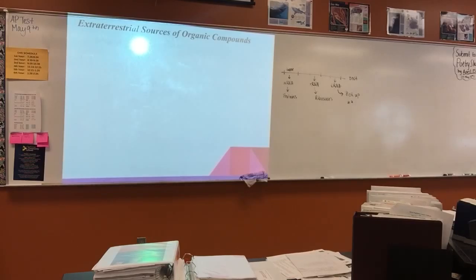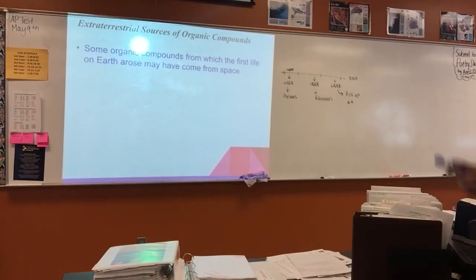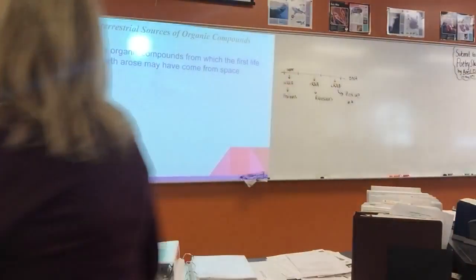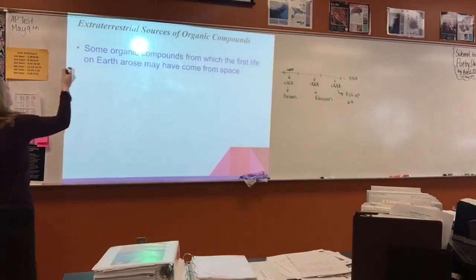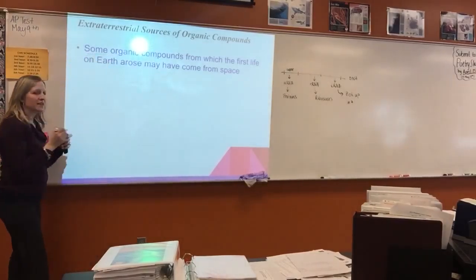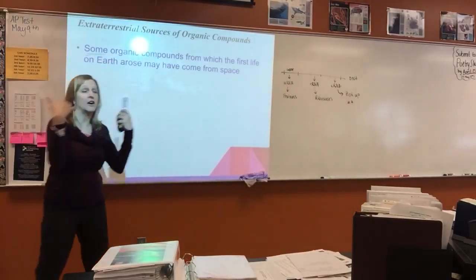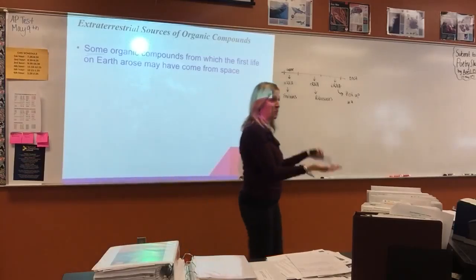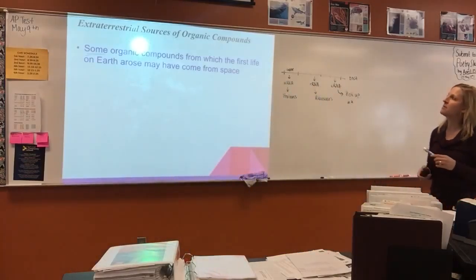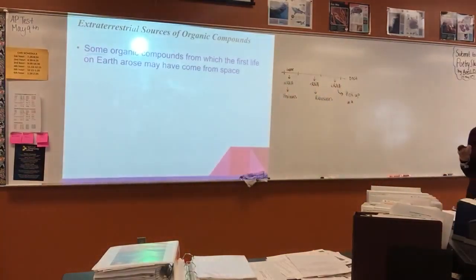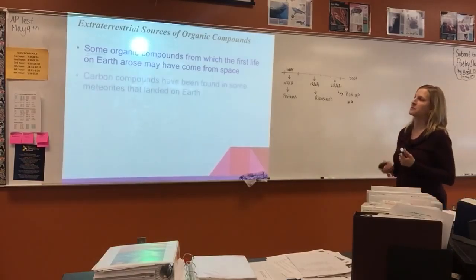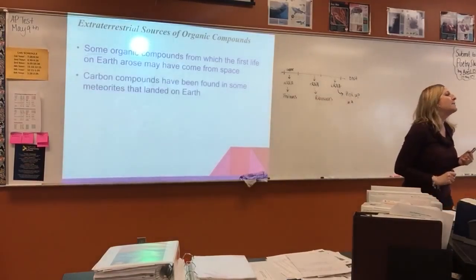This does not mean aliens brought organic compounds to the Earth, all right? So let me explain why this is in here. So some organic compounds, notice it says some. It's not all. So this is not a hypothesis where all of our organic compounds came from somewhere else, all right? So some compounds from which the first life on Earth arose may have come from space, and this is the reason why.